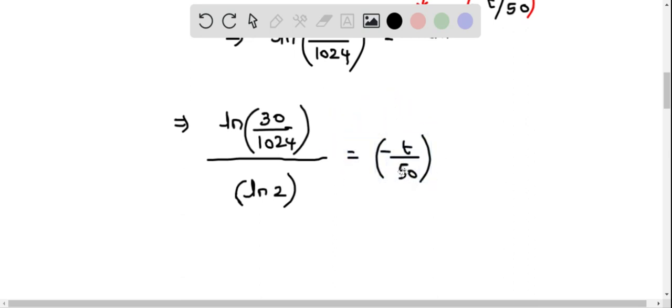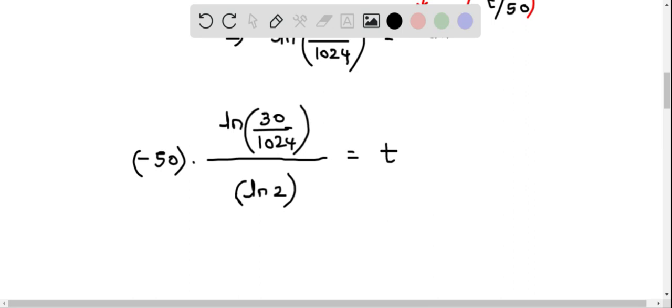Now to solve for t, we have to multiply both sides by negative 50. So when I do that, I can put this negative 50 here times natural logarithm of this expression. Since we multiplied by negative 50, we'll have only t here.